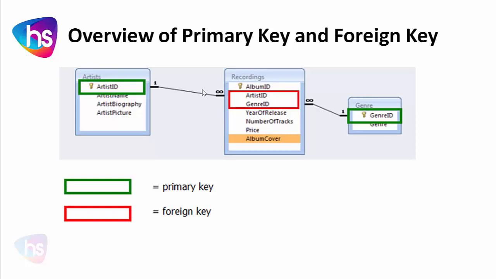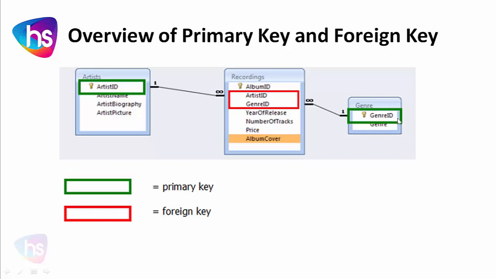Similarly, from the artist table, the artist ID is here, in the middle table. The genre ID from the right side table is in the third column. These two columns are foreign keys for this recordings table. This is the artist table, shown in green, indicating a primary key.